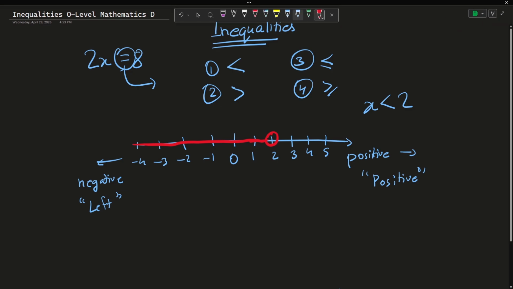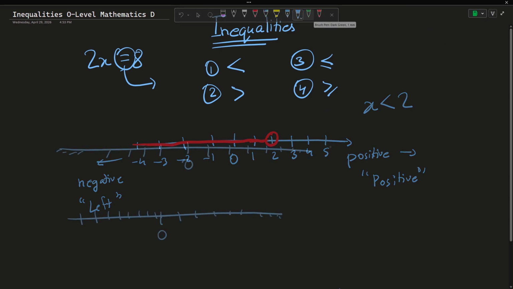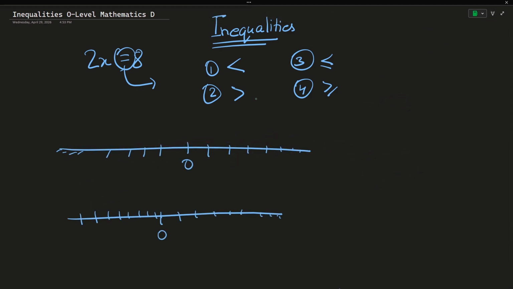Now you might be asking, what do we do for these two signs? So there is a universal rule that you use while showing these inequalities on the number line. So first of all, just like before, we will recap how we represent our expression with a greater than sign or less than sign.